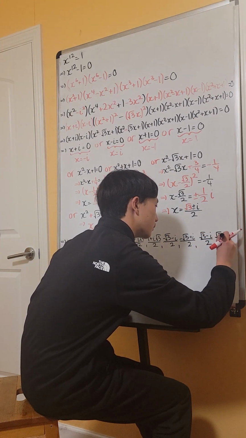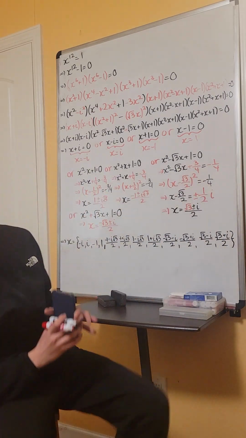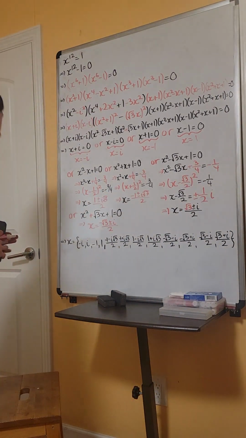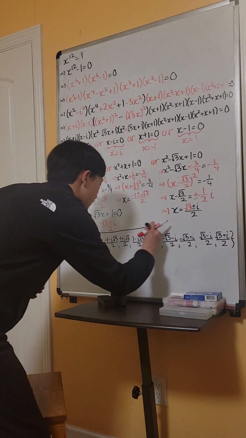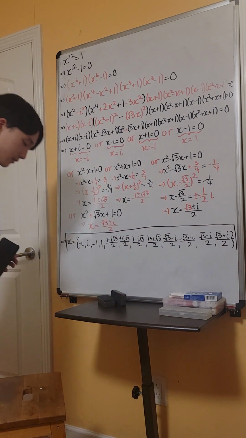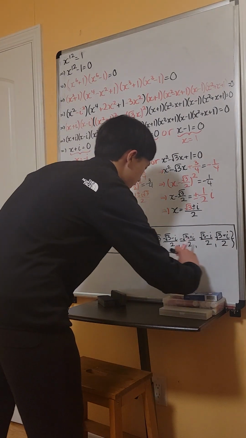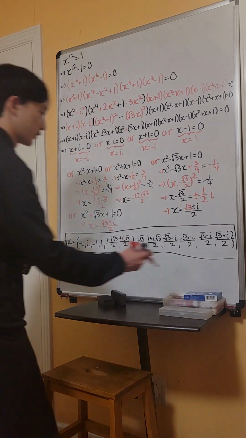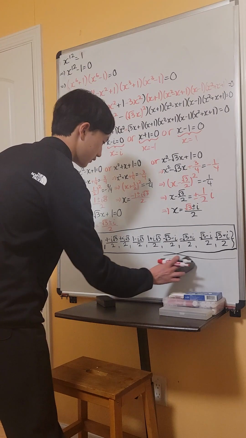Then positive root 3 plus i over 2. These are the 12th roots of unity. I'm going to box it. I'm struggling here. It's not even a good box. Close enough.